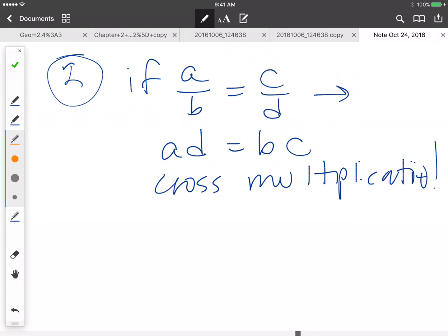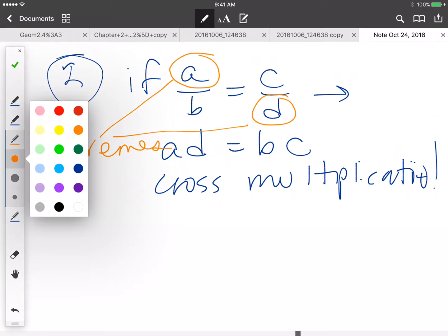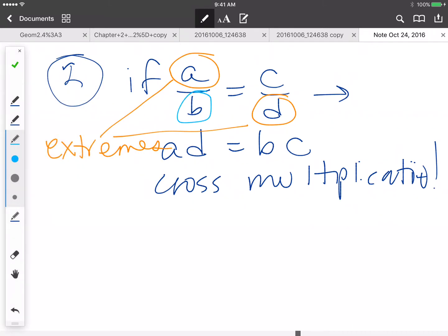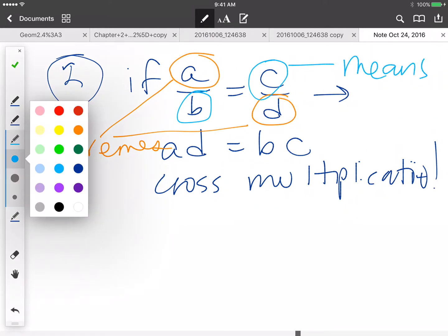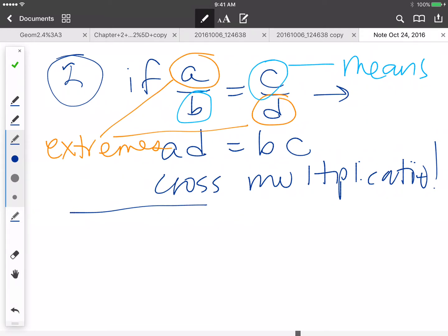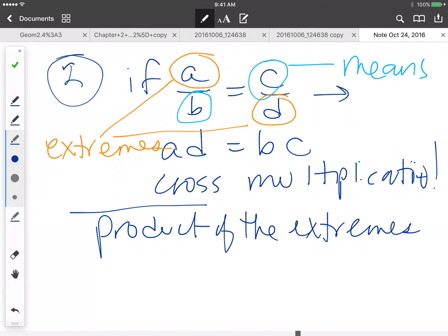We say that the extremes of these two ratios, these two relationships, A and D, are called the extremes, while B and C are called the means, which gives rise to this idea that the product of the extremes is equal to the product of the means.